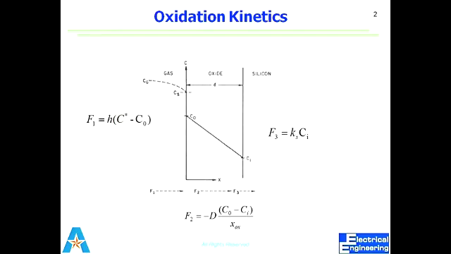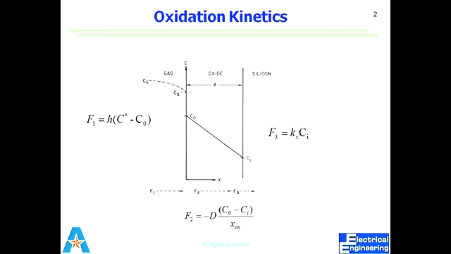Anyway, mostly in this book, the book we are following, Dr. Ball also follows, diffusion is discussed after the oxidation. But according to me, diffusion should be discussed before the oxidation, because you will have to figure out the effect of diffusion in oxidation. But it doesn't matter.